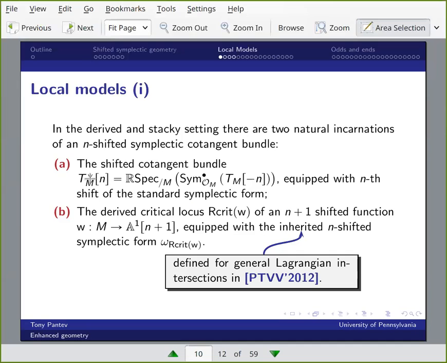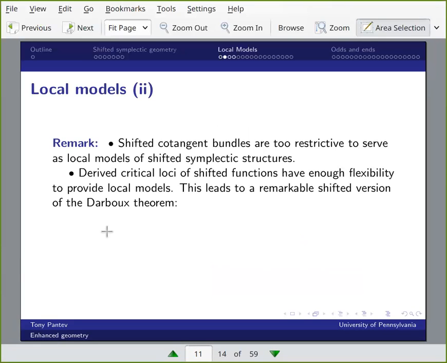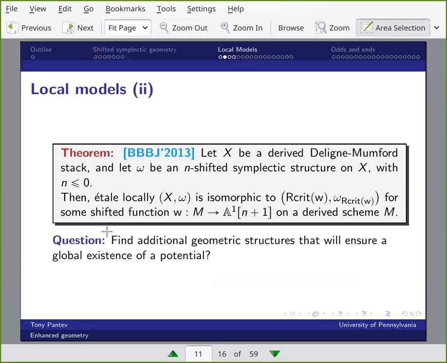So the natural guess is that for local models, you can't really use shifted cotangent bundles. You have to use derived critical loci for shifted functions. And that's the Darboux theorem that was proven by Bussi, Brav, and Joyce. It says that if you have a derived Deligne-Mumford stack and an n-shifted symplectic structure which is non-negatively shifted, then it's actually locally exact.